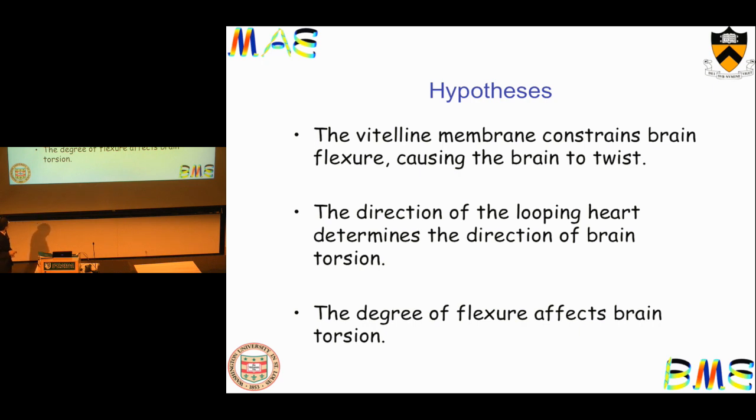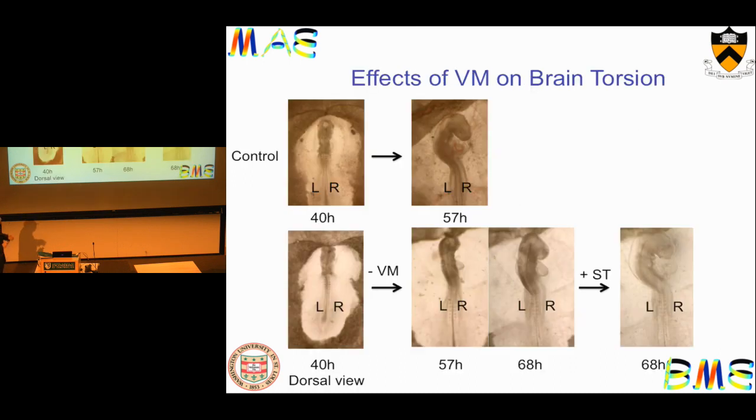To test our hypotheses, we performed the following experiments. First, since we think the vitelline membrane is exerting a force necessary for torsion, we removed the vitelline membrane at around 40 hours of incubation. After 17 hours of incubation, we found that the embryonic brain torsion is much less than in a control embryo.